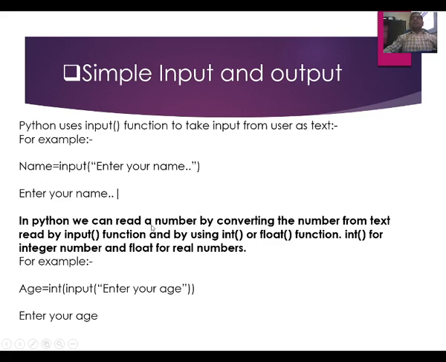In Python, we can read a number by converting the number from text, read by the input function, using the int and float functions. Int is used for integer numbers and float for real numbers.